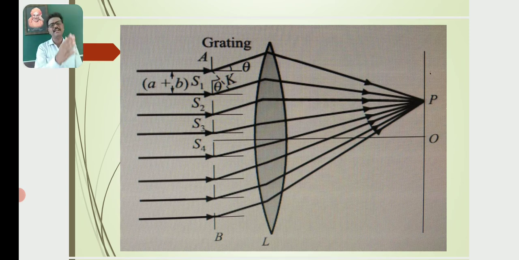Then we will get a diffraction pattern on the screen, with bright and dark fringes, which depend on the path difference or phase difference between the refracted rays.